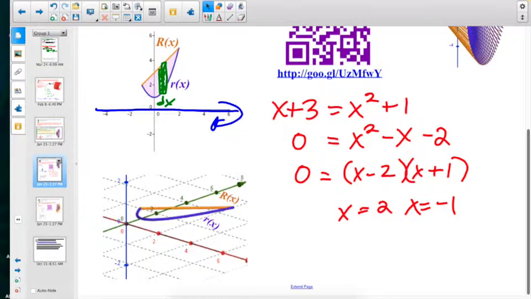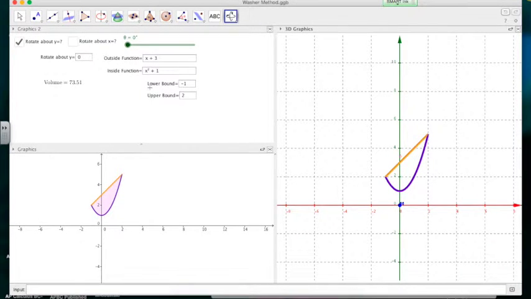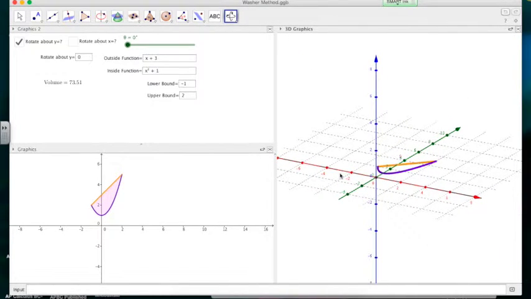So going back to that GeoGebra file. Here's the GeoGebra file. I'll go ahead and get this back into 3D. So there we are, back in 3D. I lost my play button for some reason, but I can just spin this around 360 degrees.